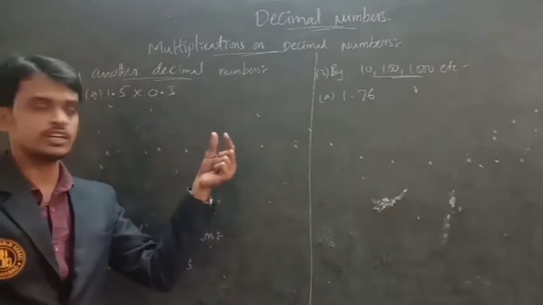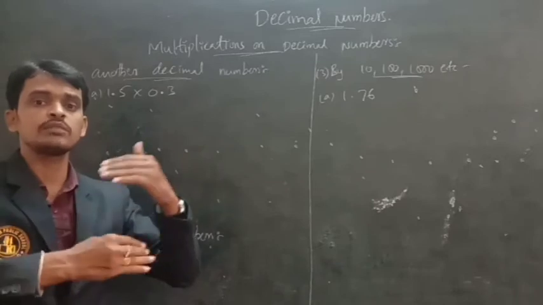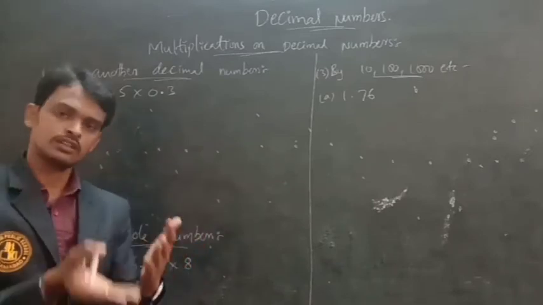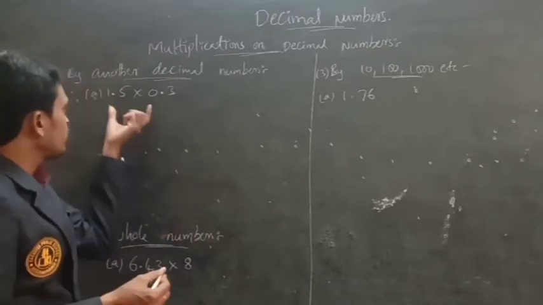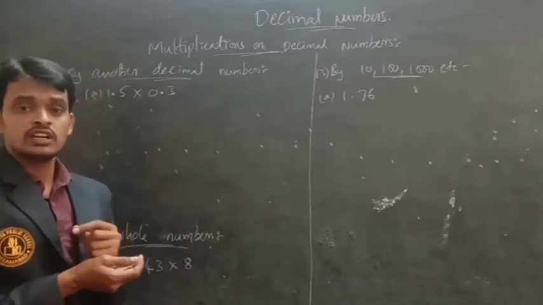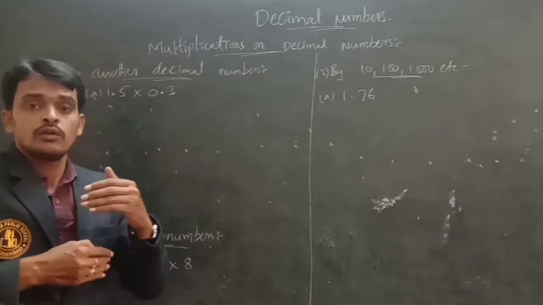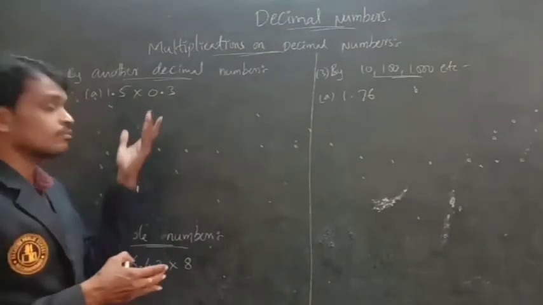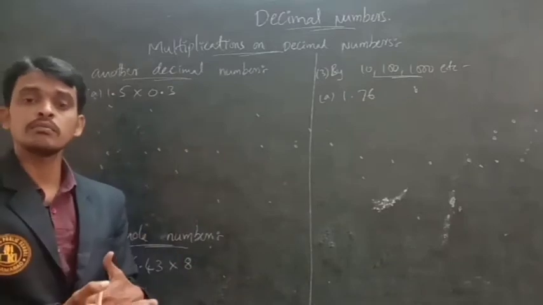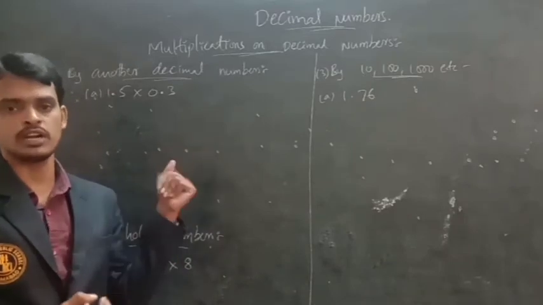First we convert these decimal numbers into fractional numbers, then we multiply. Or, when multiplying these decimal numbers, we can ignore the decimal point and multiply them as whole numbers.